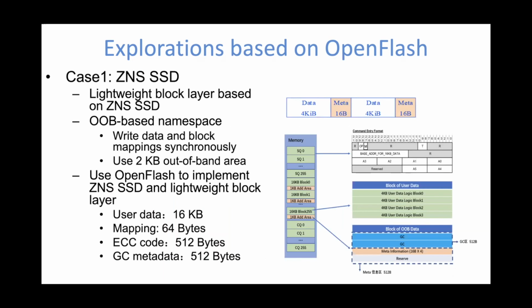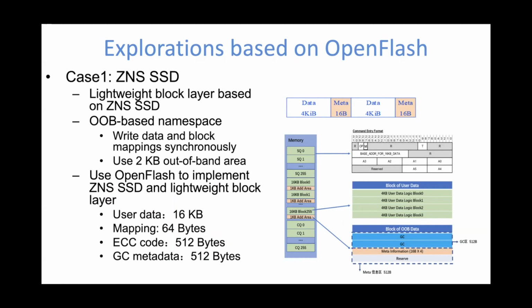So in our research exploration, we propose a lightweight block layer based on ZNS SSD. We use a block layer to convert random writes to sequential writes. In order to let the block layer work with crash consistency, we fully utilize the OOB, the out-of-band area of each page inside the ZNS SSD.